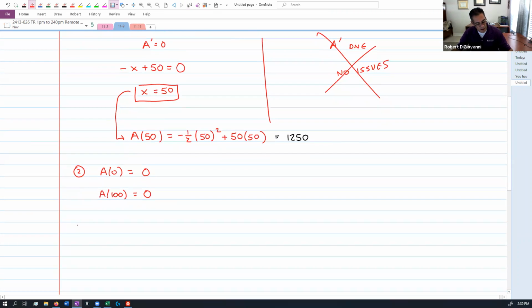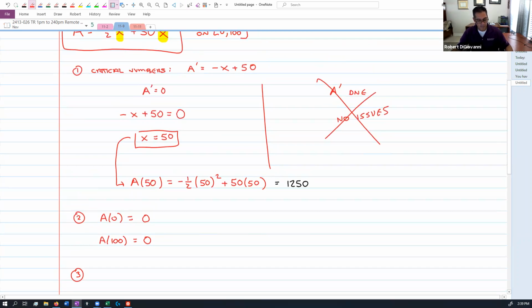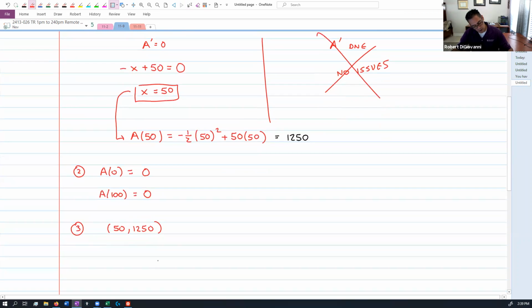Which means that if I compare these, when I plug in 50, I get 1250. When I plug in 0, I get 0. And when I plug in 100, I get 0. Right? 50 got me 1250, 0 got me 0, 100 got me 0. So I'm looking for the maximum area, so this is the maximum I'm going to have. What does it take, though, to get that maximum area?